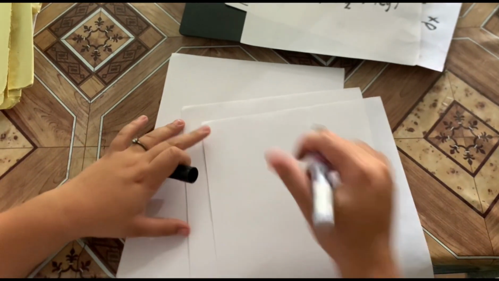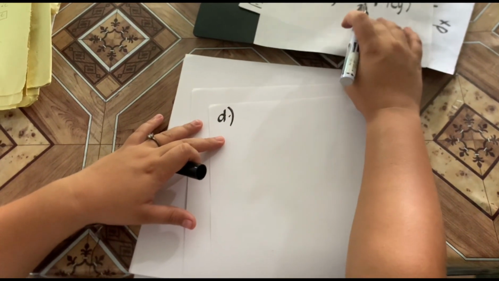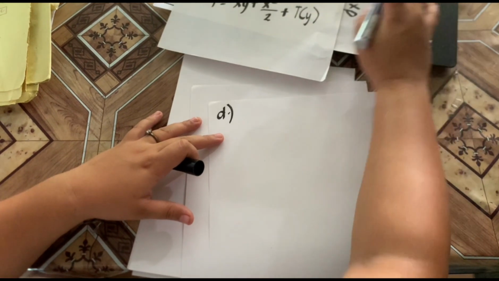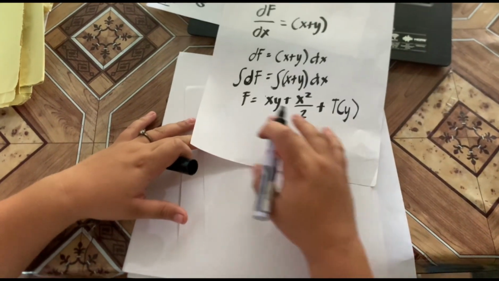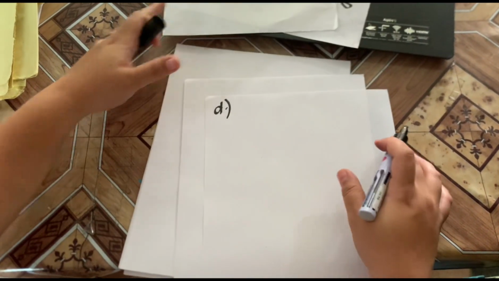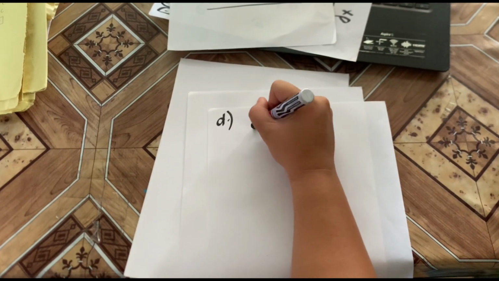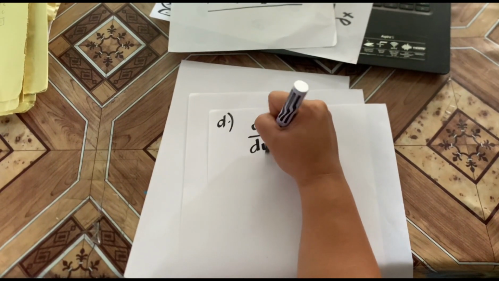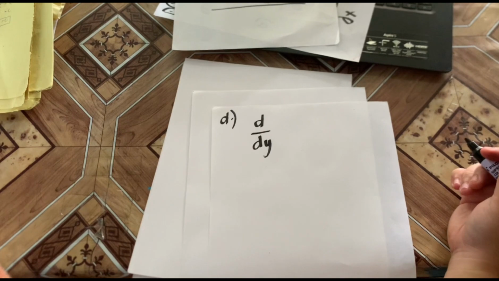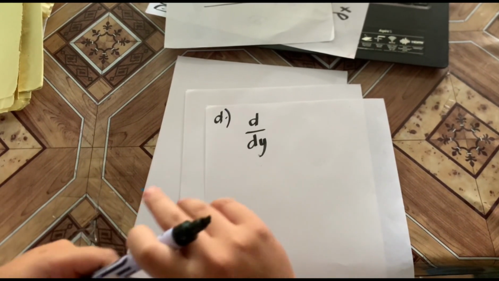For the fourth step, we are going to derive the answer of our third step. So deriving this one, we have d over dy, since it would be with respect to y.